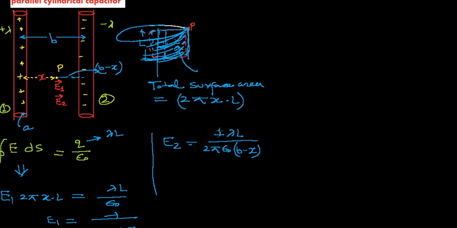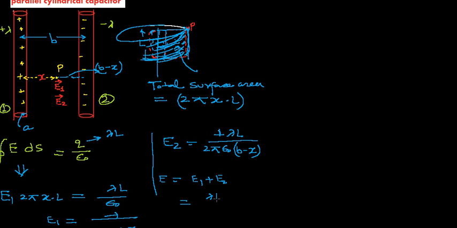Then the total electric field E will be E1 plus E2. Here lambda, 2 pi epsilon naught, and L are constant.